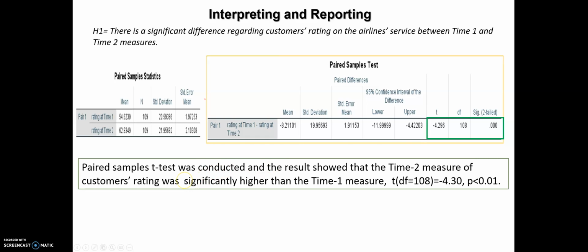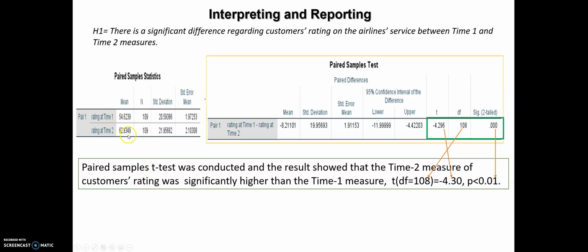So my interpretation should be like this. Paired sample t-test was conducted, and the results show that the time 2 measure of customer rating was significantly higher than the time 1 measure. Then I should add some values from this table. This is df, this is t, and this is the p value. Just look at the time 2 measure here: it is 62, higher than the time 1 measure.